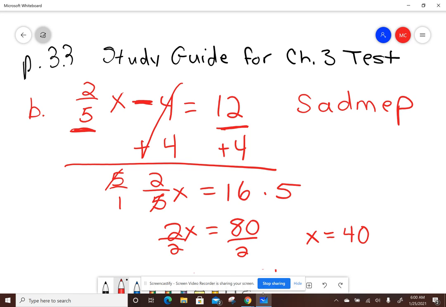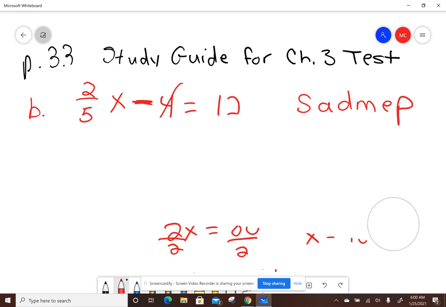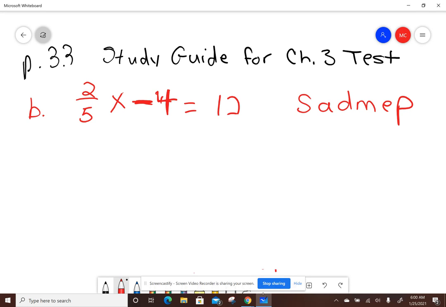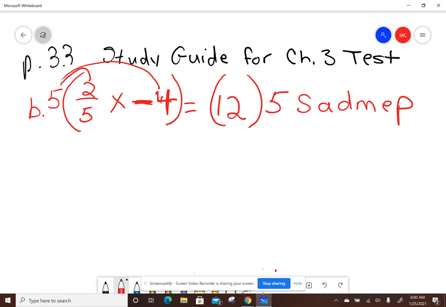Okay, now we could have done this differently as long as you're careful. I prefer doing SADMEP. If you ever see a number there and a number there and you want to get on the same side, you either add or subtract. But I could have said, well, I'm just going to multiply both sides by 5. And just make sure you distribute to both terms.